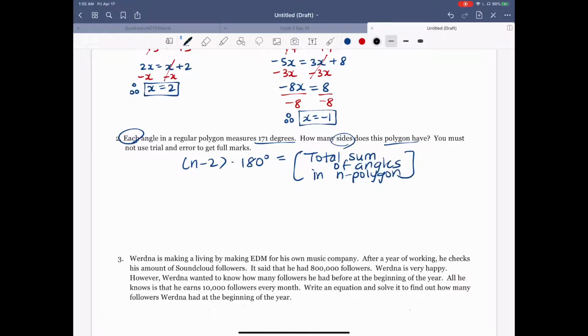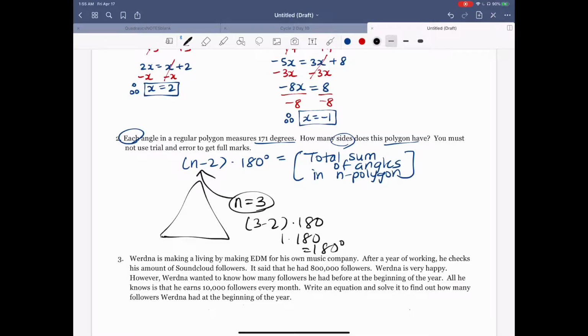So as a quick recap, if I have a three-sided triangle, that has n equals 3. If you plug that in, you're going to get 3 minus 2 times 180, which is 1 times 180, and therefore 180 degrees.